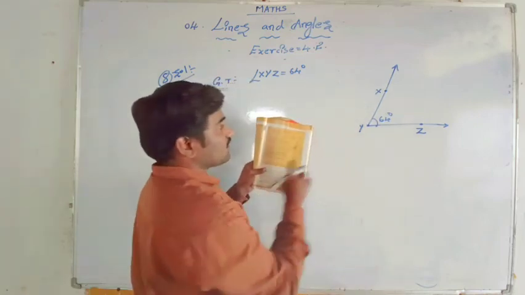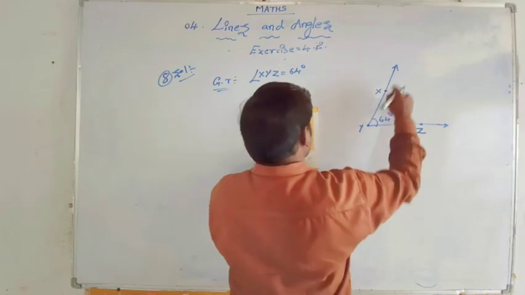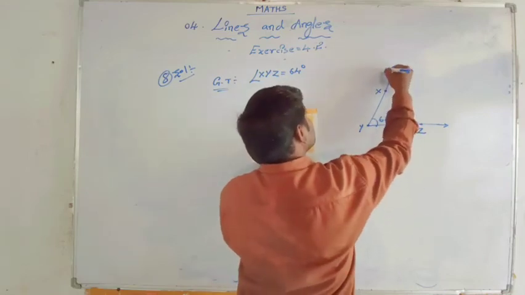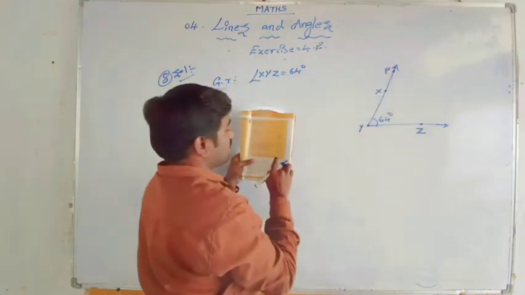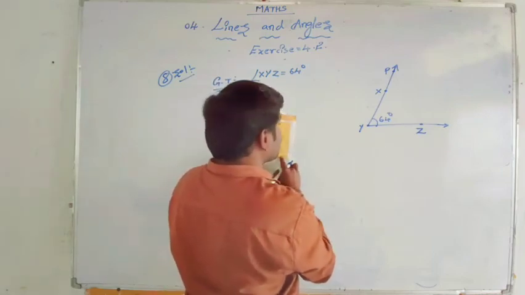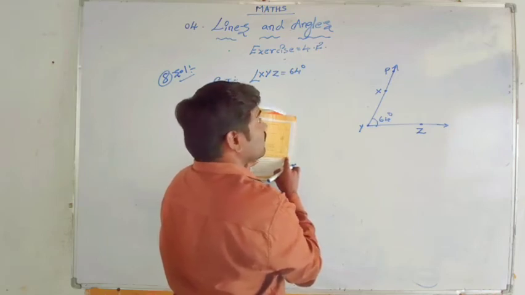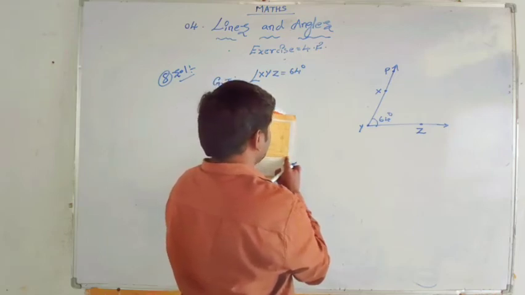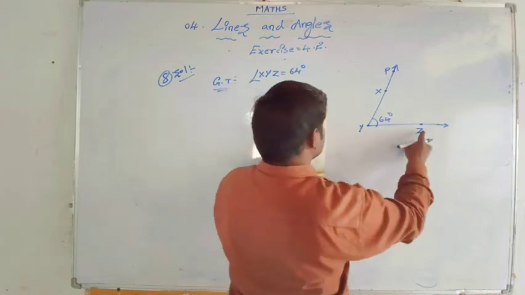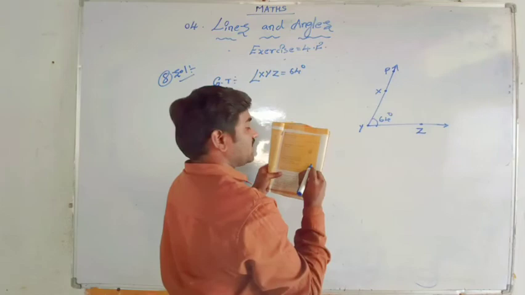So XY is produced to the point P. Then a ray YQ bisects angle YZP. Okay, one ray is bisecting here.